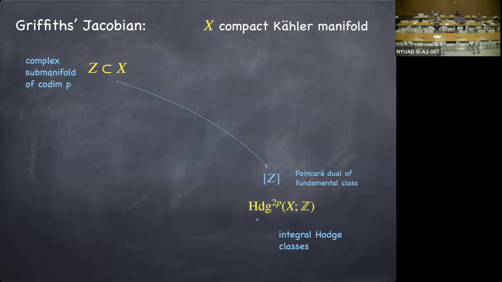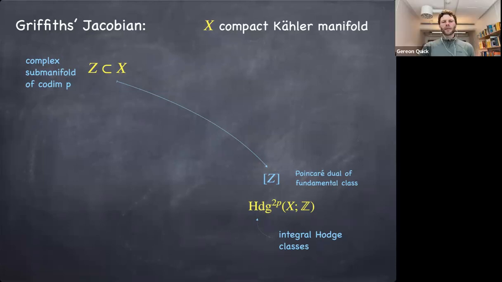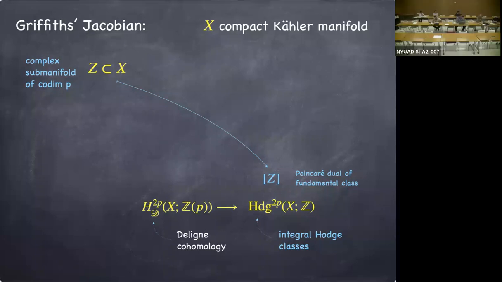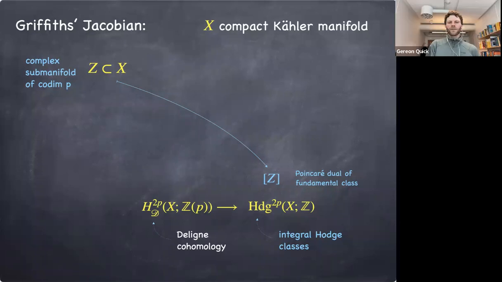Okay, and now I would like to introduce another player that's, I'm sure, well known to you, because there's another group that will play a role in the forthcoming story, and that is the Deligne cohomology. And so this is this group here on the bottom. D for Deligne, and we're going to look at it in degree 2P.